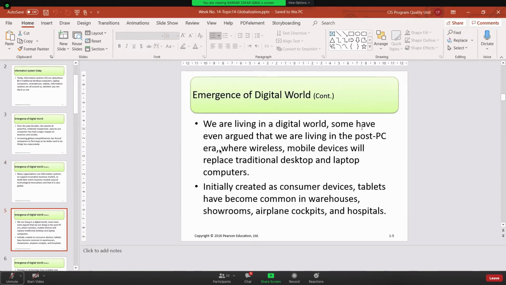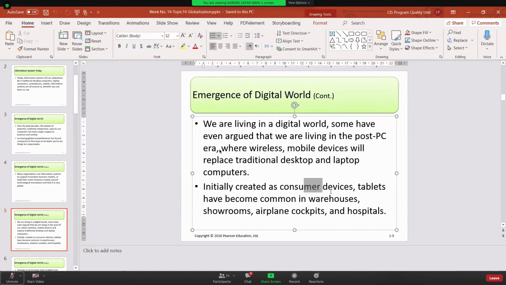So we are living in a digital world. Some have even argued that we are living in a post-PC era. Post-PC era means the PC is an old thing now. We have new devices; wireless mobile devices will replace traditional desktop and laptop computers. Yes, we are in this world. Initially created as consumer devices, tablets have become common in warehouses, showrooms, airplane cockpits, and hospitals.